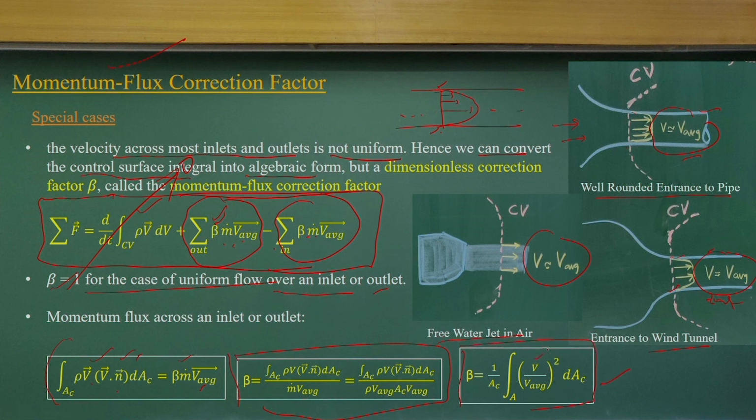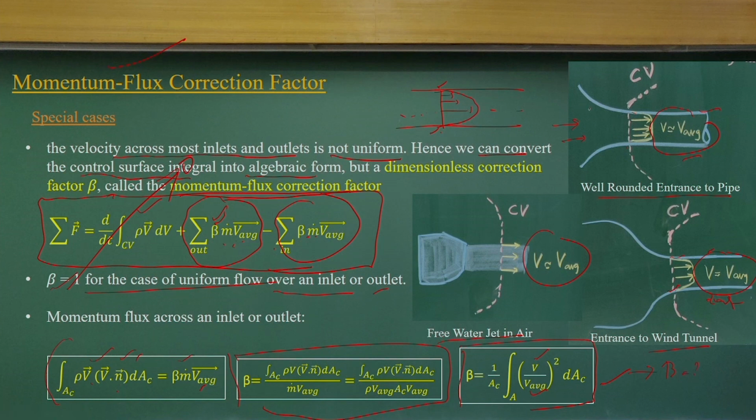If I know the velocity distribution, I know the average velocity, do these integrations and I know the surface area, then I can compute the beta value for a velocity distribution coming into a cross section.